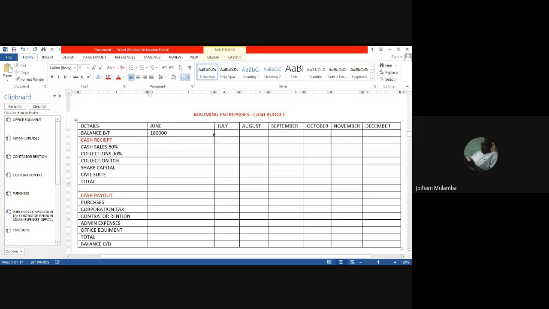So we go to the second transaction. That's a cash receipt, and for cash receipts, you have cash sales of 60%. So we look at what is received in the current month. We go and look at the sales that were made in the month of June. How much was sales in June? $160,000.